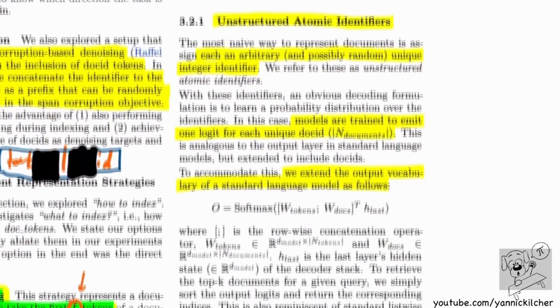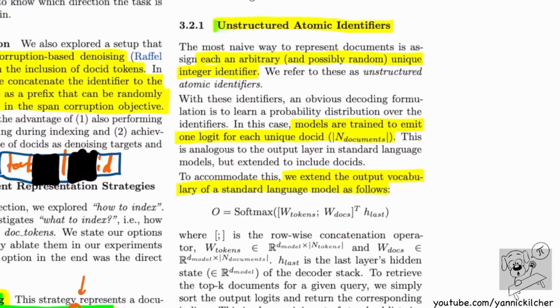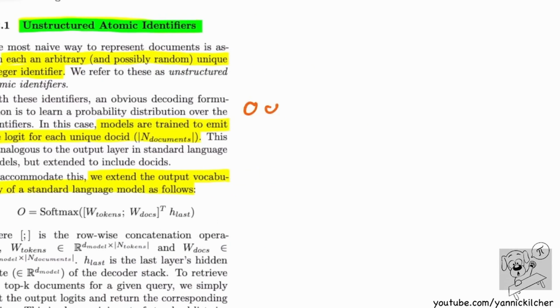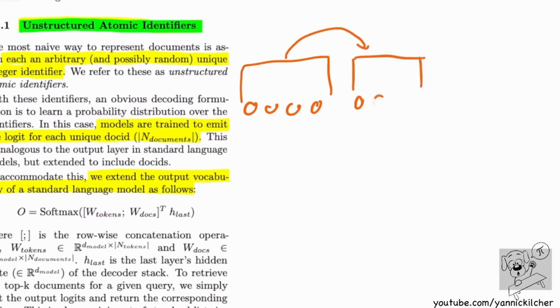Again, the simplest thing you can do is to have these unstructured atomic identifiers, which essentially means that every document gets a unique identifier. And then in a sequence-to-sequence model, I have my sequence, this goes into my encoder, and then it goes into a decoder, and the decoder produces a sequence.